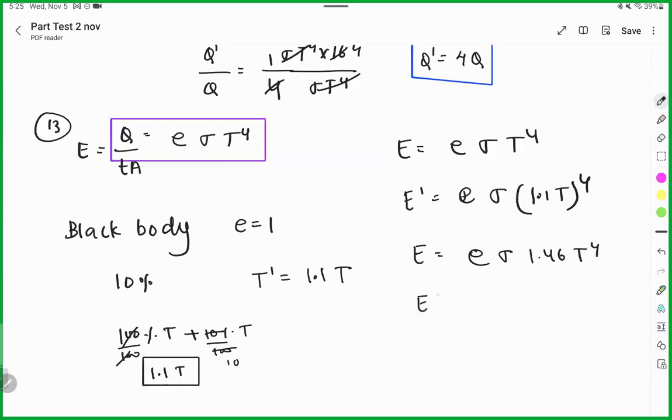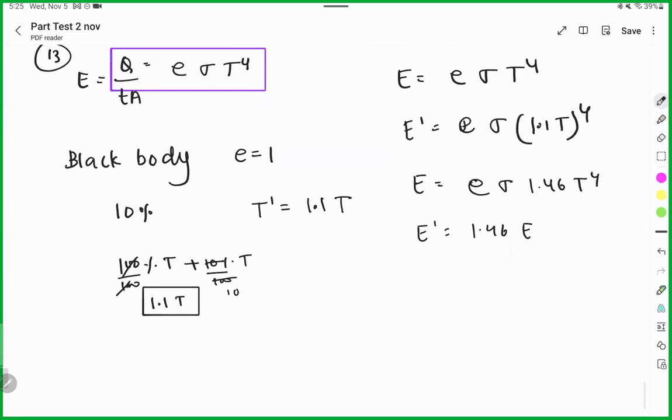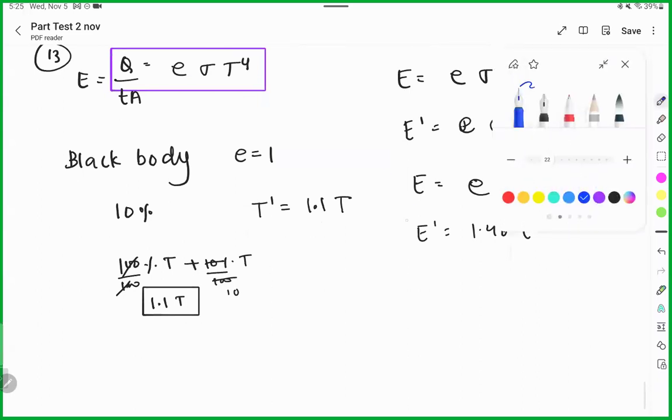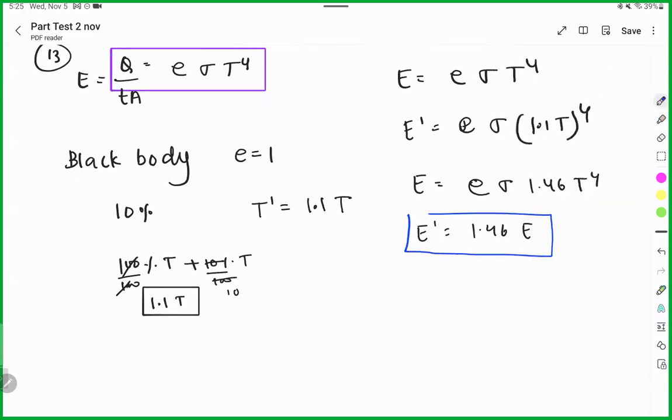So can we say E dash will be 1.46 of E, correct? So emissivity will increase because of the change in the temperature. If you have calculated this emissivity, what you have to do? Put the formula. Percentage of change in the emissivity is E dash minus E divided by E multiplied by 100.